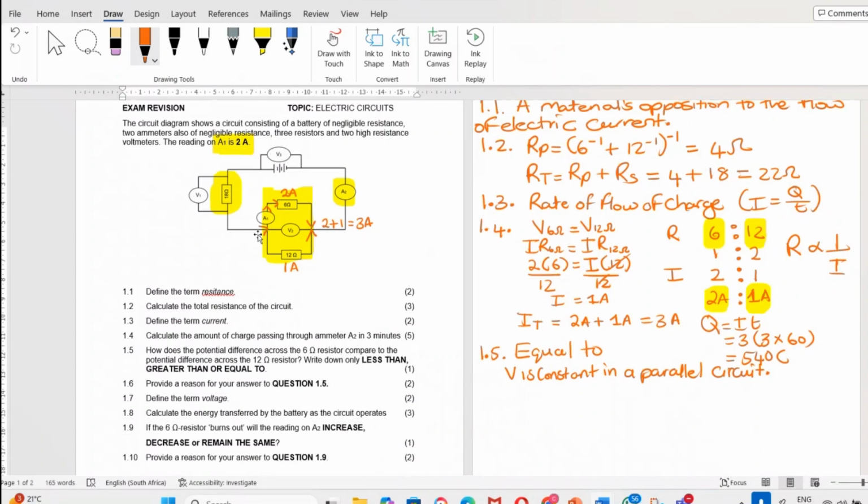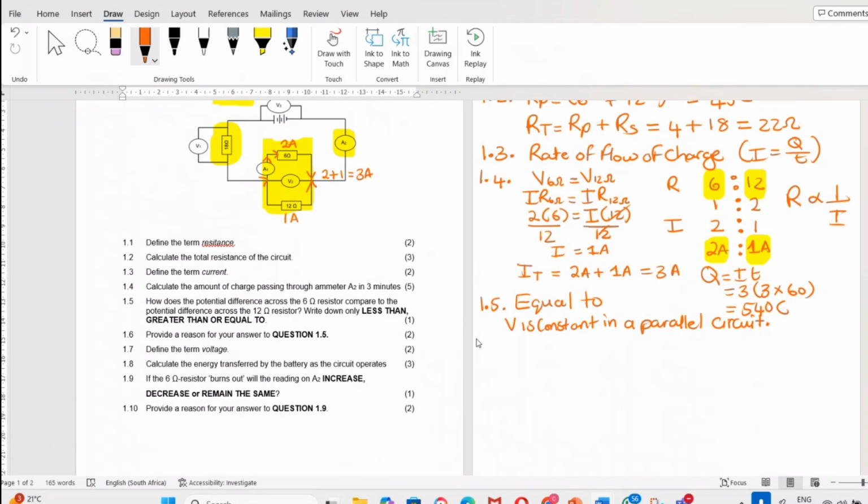Right. Then the next question. Wait, that was 1.6, because it says provide a reason for your answer. Voltage in a parallel circuit is actually constant.